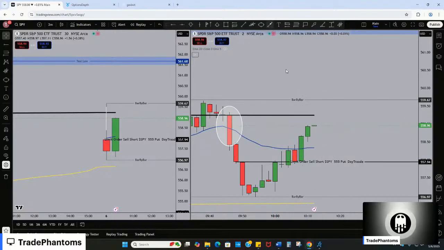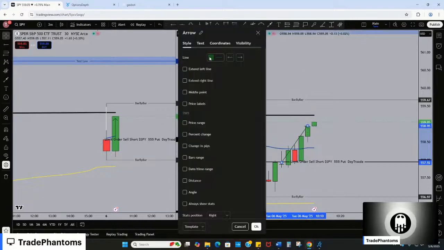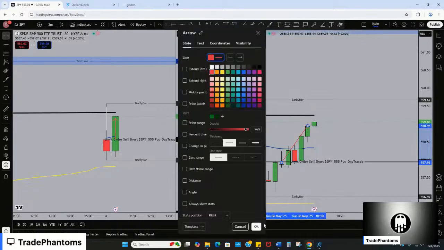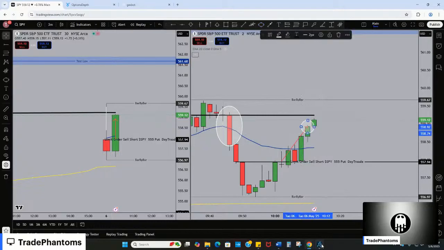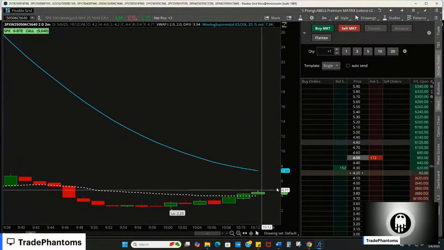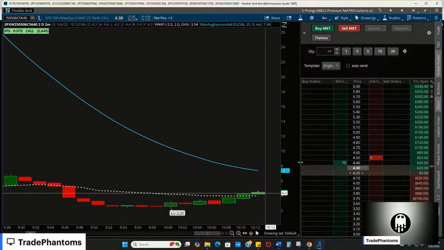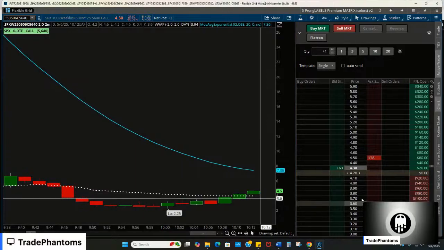All right, so from here to here, took a loss on some SPY puts, right? Flipped long SPX. Definitely got a better fill here, 370s.